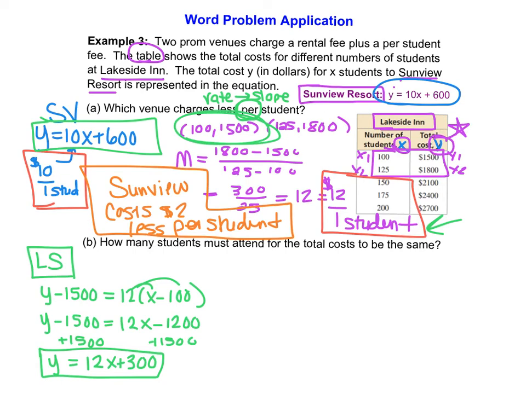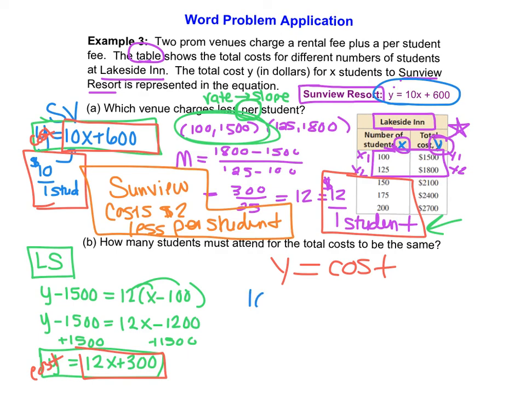And the easiest way to determine when those two costs will be the same is to set the two costs equal. So remember, in both equations, y is equal to cost. So this is saying the cost is equal to 12x plus 300. And this is saying the cost is equal to 10x plus 600. So if we want to determine when they are the same, all we have to do is set them equal.